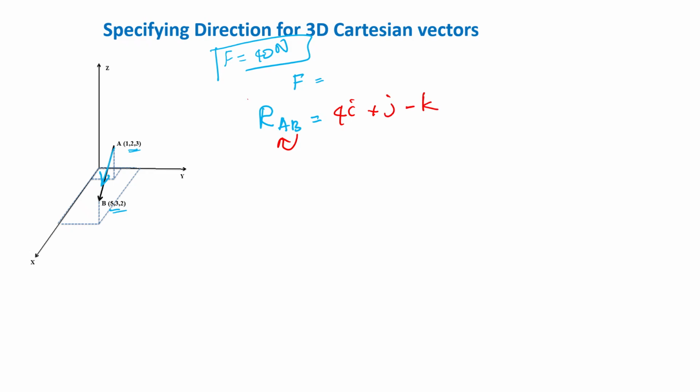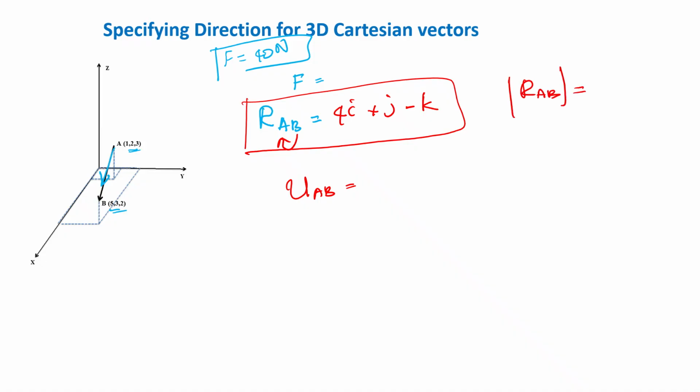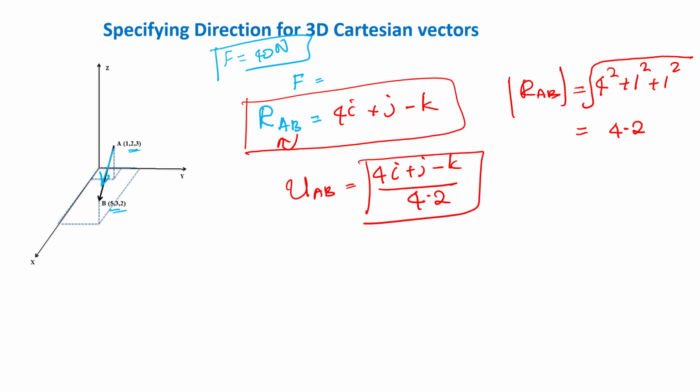Then you need to find the unit vector AB. To find that, you need to find the magnitude of this. That will be 4 squared plus 1 squared plus 1 squared. What's that? 4.2. Okay, so your unit vector U will be this divided by 4.2. Now you can find the force. You just times this by 40.